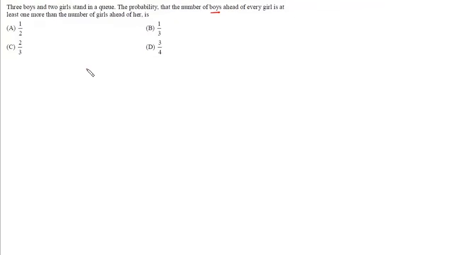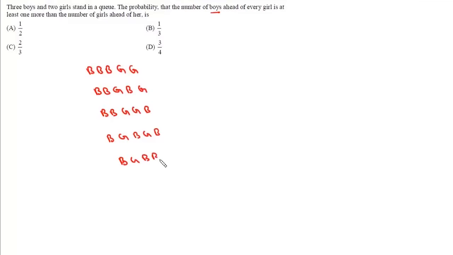Now it could be boy, boy, boy, and then the two girls, or boy, boy, girl, boy and girl, or boy, boy, girl, girl and boy, or boy, girl, boy, girl and boy, or boy, girl, boy, boy and girl. So these are the 5 possibilities.